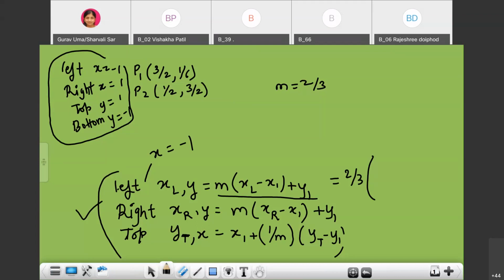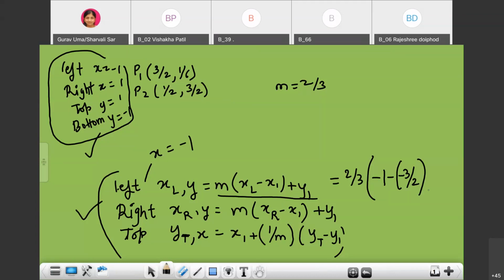See the right side value, I have written here. So xl is now -1 minus x1. So minus x1 will be the value. What is the value of x1? The value of x1 is 3/2. As we are taking x as -1, the value will be -3/2.